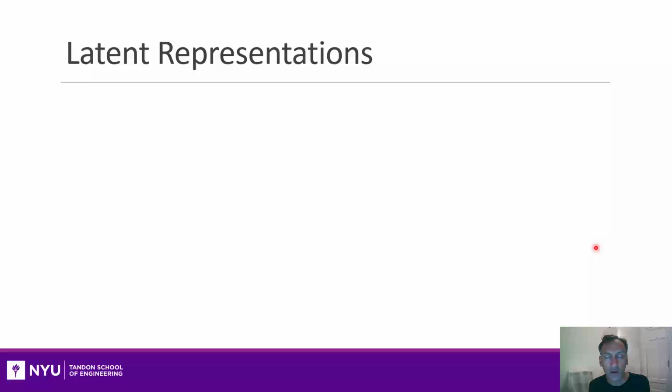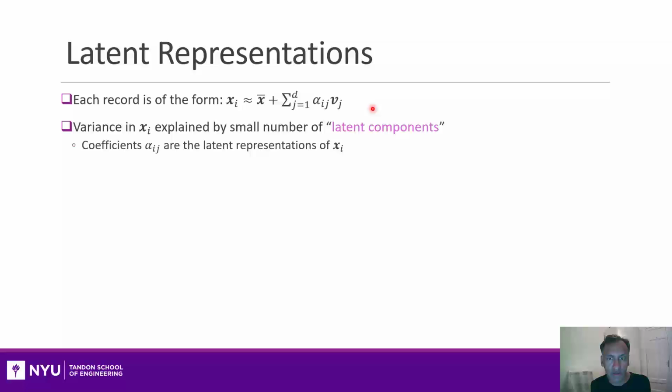All right, a couple more things I want to wrap up in our discussion here. One is the concept of latent representations. So remember that each data record xi is really just, I'm writing it as the mean, or approximately as the mean, plus some linear expansion in these principal components.